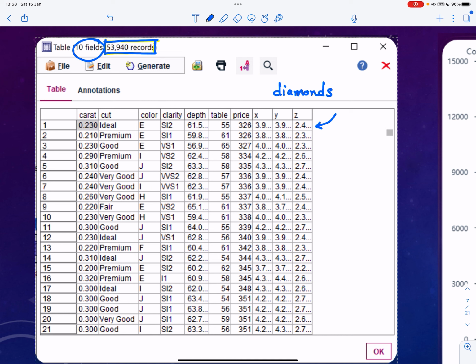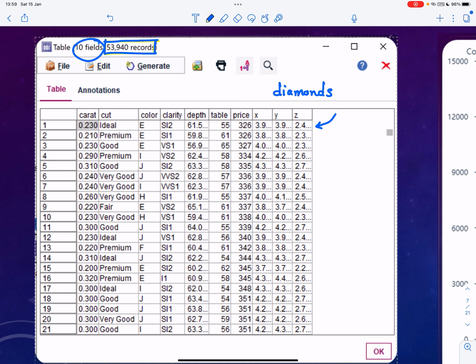It says that the first record is a diamond with carat 0.23. Cut is ideal. Color is E, anything that it is. Clarity is SI2. Depth is 61.5. Table is 55. Price is 326.